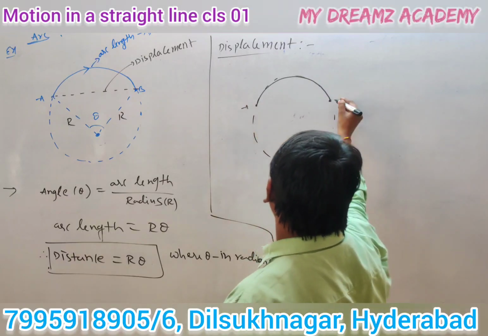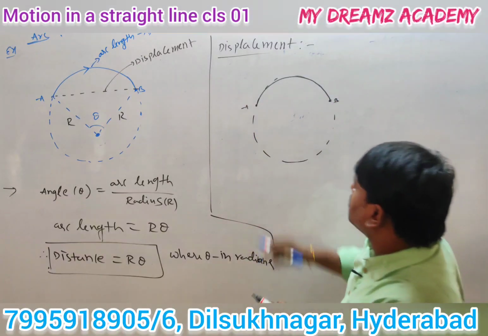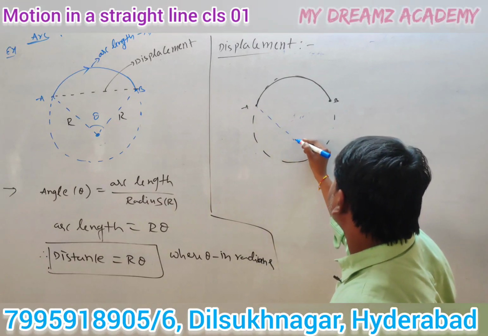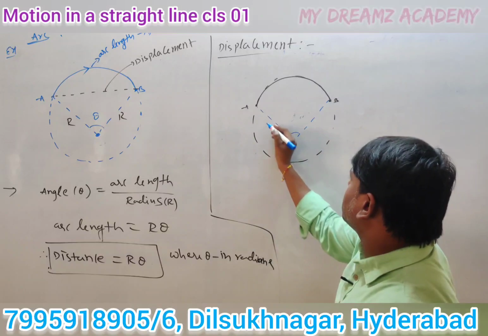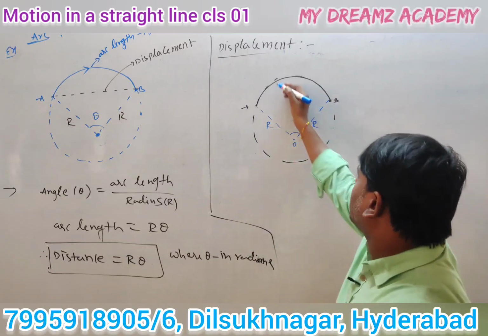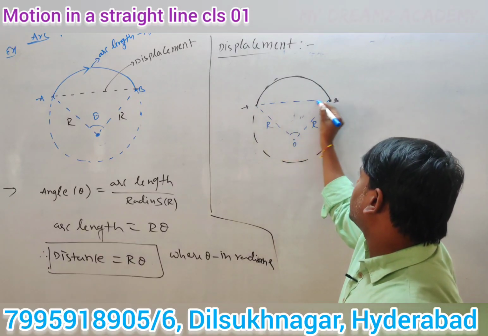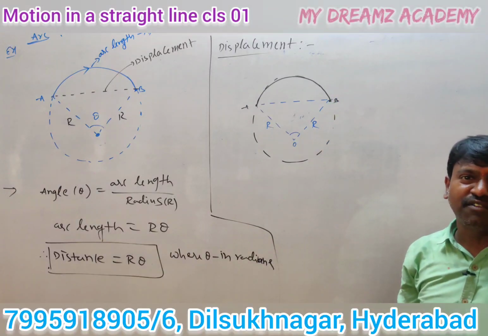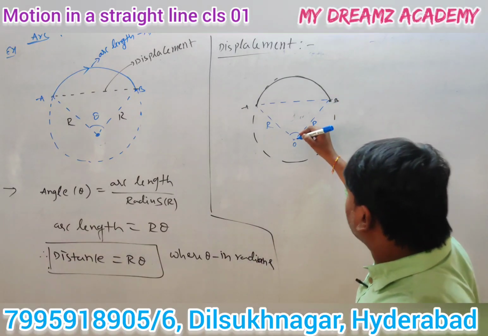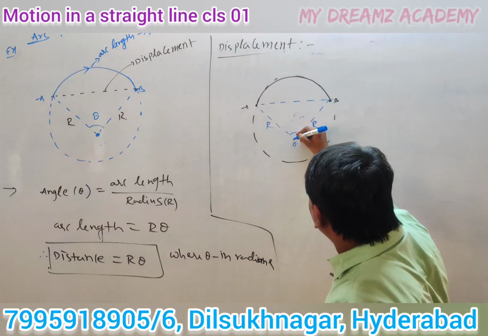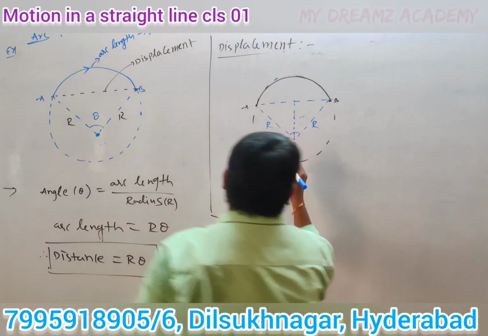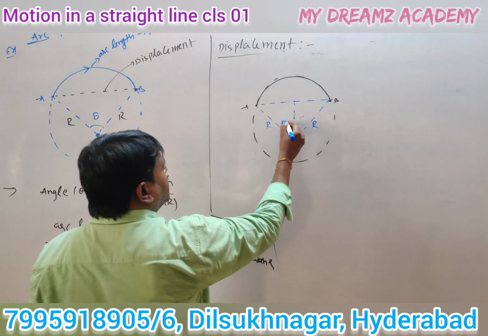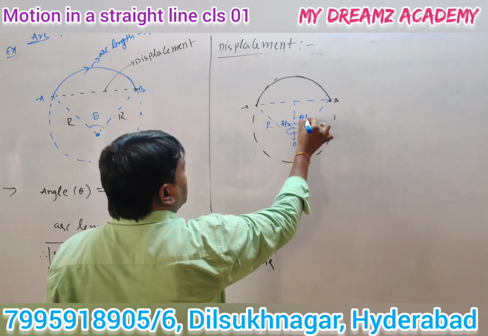This is the initial position, this is the final position, and this makes an angle theta at the center. Consider this point O, this is the radius R, and this is B. This is the displacement. To find the displacement, consider one angular bisector. An angular bisector means this line divides the angle into two equal angles. The total angle theta becomes theta by 2 on each side.